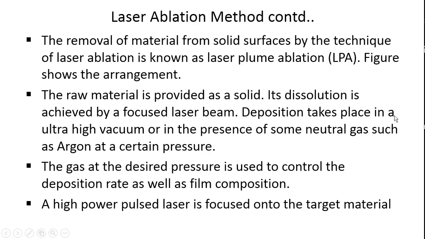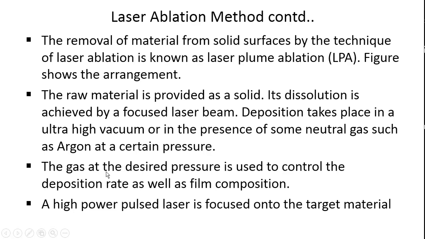Okay, deposition takes place in an ultra high vacuum or in the presence of some neutral gas such as argon at a certain pressure. We have already discussed the argon gas and its importance for the process taking place in a laser ablation setup. The gas at the desired pressure is used to control the deposition rate as well as film deposition.